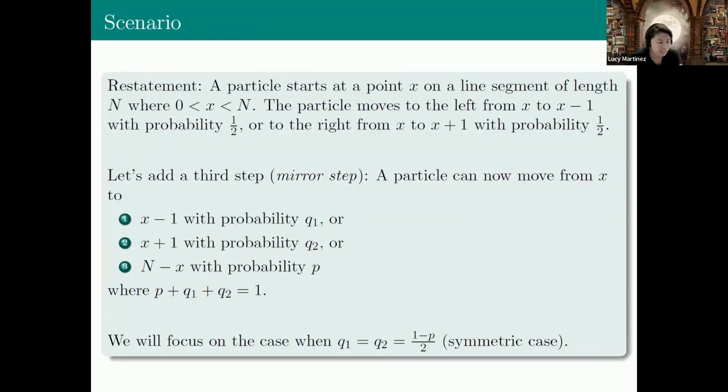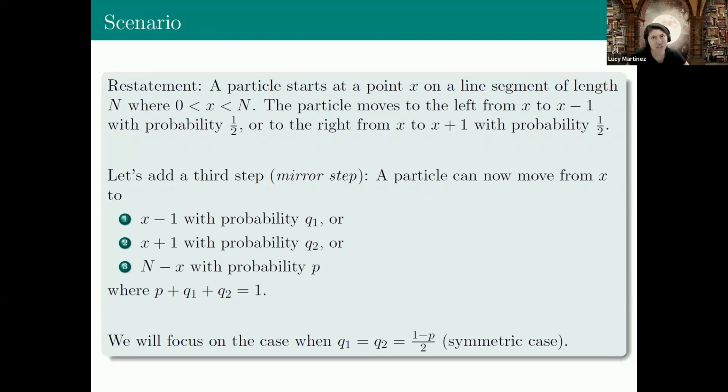More specifically, we're going to focus on one case for the rest of the talk. Whenever I say symmetric case or mirror step, we're referring to the case where Q1 and Q2 are both equal, and in particular equal to (1 minus P) over 2.